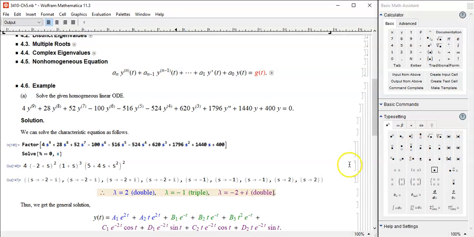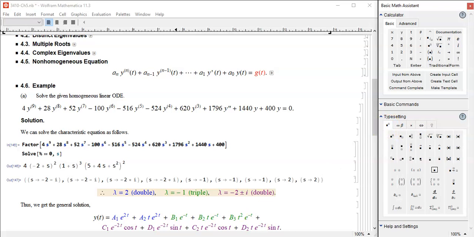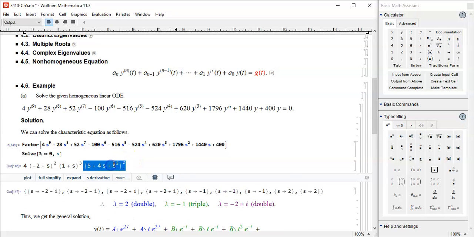And then, oh, as a matter of fact, I forgot plus or minus here. Okay, -2 plus or minus i, we're going to get double roots here. Double root because this is second power, triple root because this is third power, and double root because this is second power. Okay, all right.